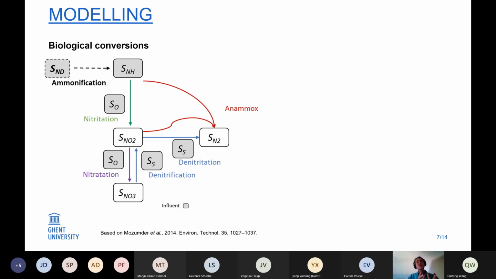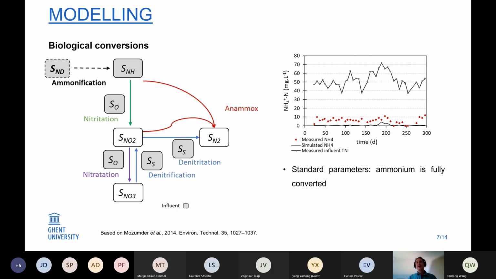Considering this model structure and looking into the data from the demo scale apparatus, we were not able to see a good match between the simulated and the measured effluent ammonium concentrations. That was because we just used standard parameters in this model setup.